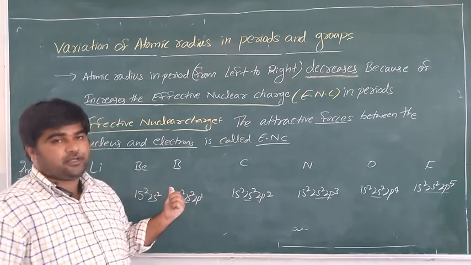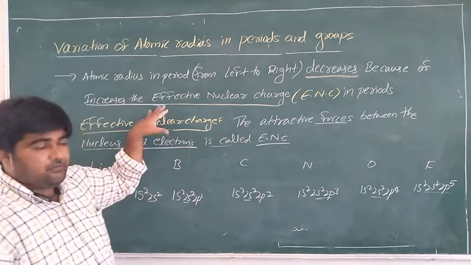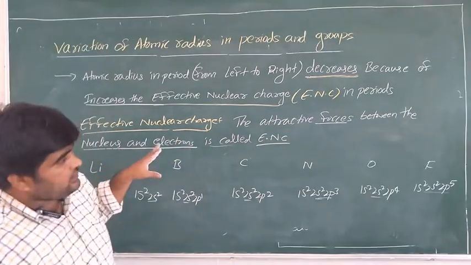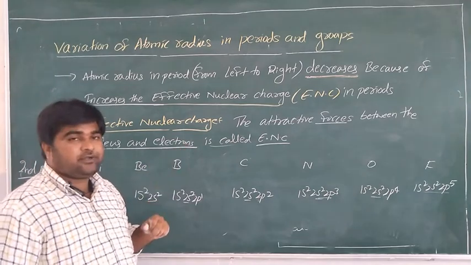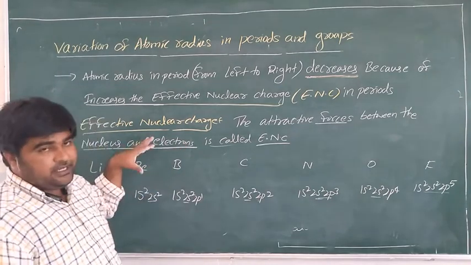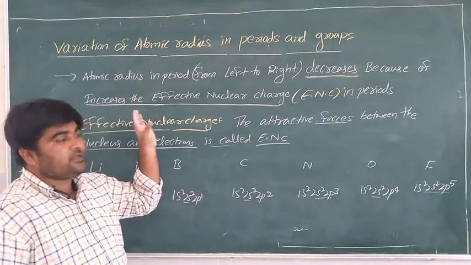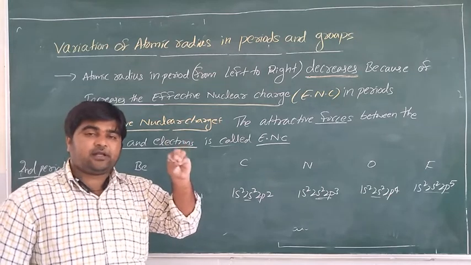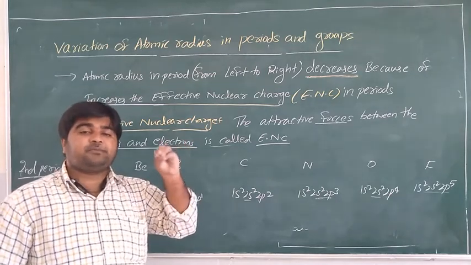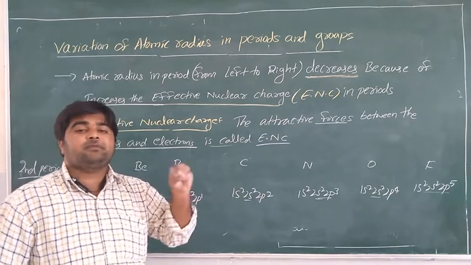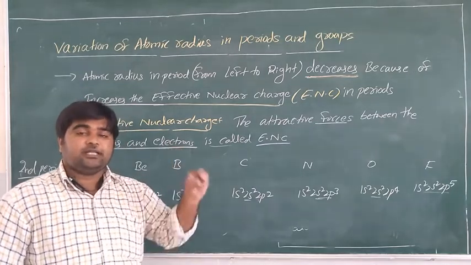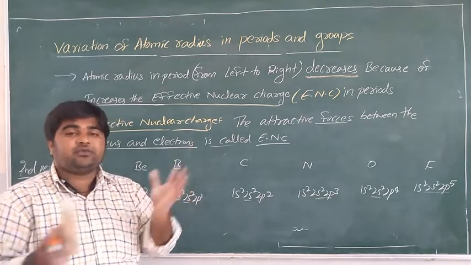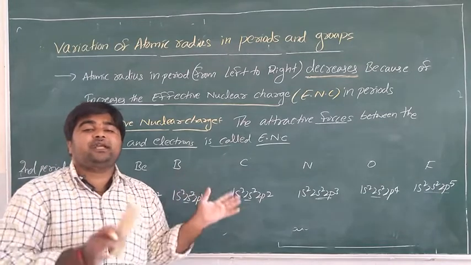Take the second period as an example. As you can simply remember, the effective nuclear charge is the attractive force between the nucleus and electrons. In periods, the effective nuclear charge increases. Why? Because electrons enter the same energy level or the same subshell only. When the effective nuclear charge increases, the attractive forces between the nucleus and electrons increase.